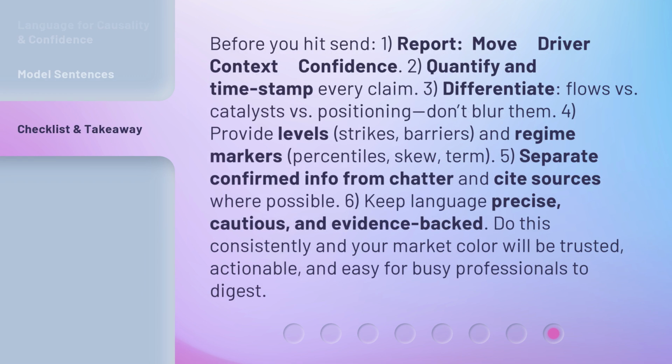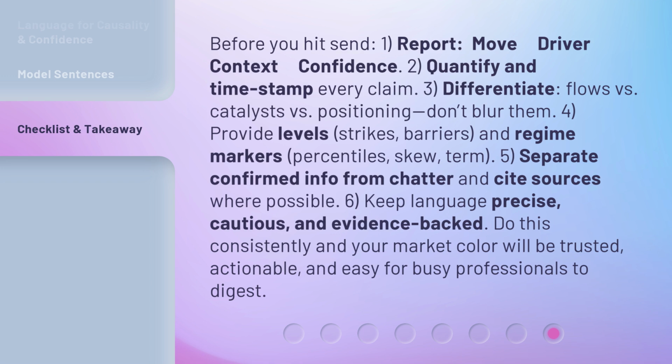Before you hit send: 1. Report: Move → Driver → Context → Confidence. 2. Quantify and timestamp every claim. 3. Differentiate: flows versus catalysts versus positioning. Don't blur them. 4.